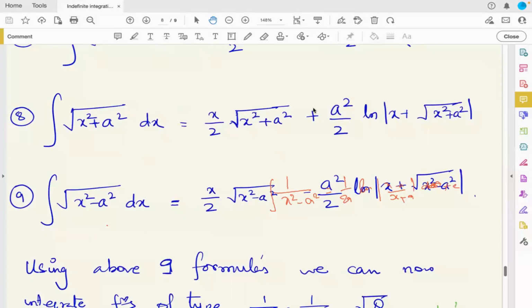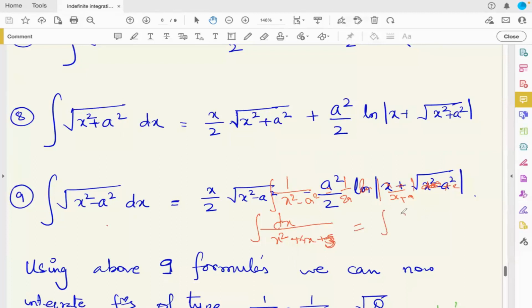So let us take an example which looks like this. There is an algebraic function given, something like x square plus 4x plus 3, and dx.